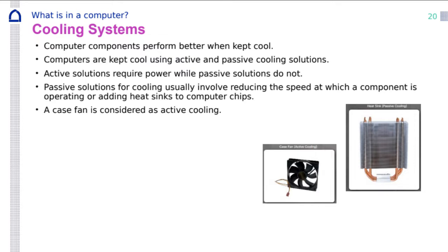Passive solutions for cooling usually involve reducing the speed at which a component is operating or adding heat sinks to a computer chip. We will show you the heat sink, inshallah, in the lab. A case fan is considered active cooling. Why? Because we connect it to power. But the heat sink, like the radiator, will radiate the heat from the processor.